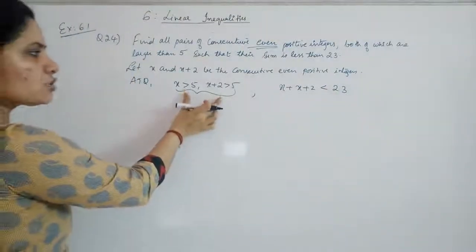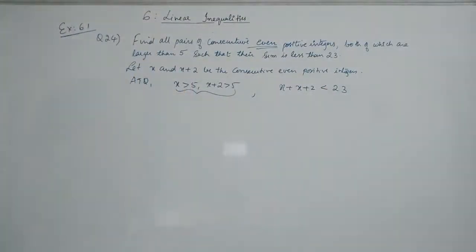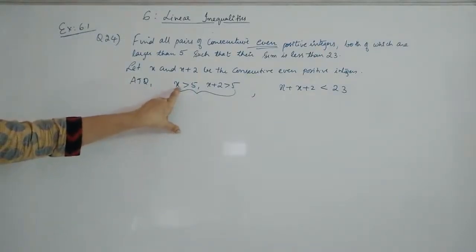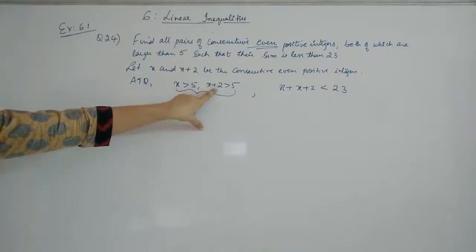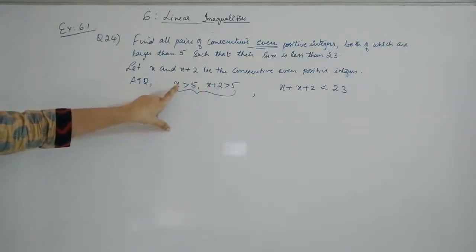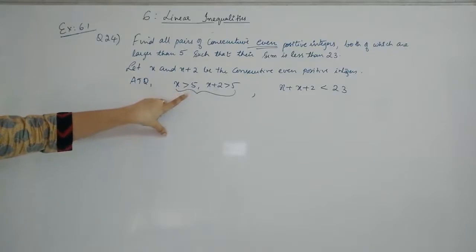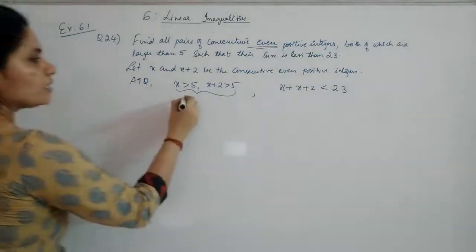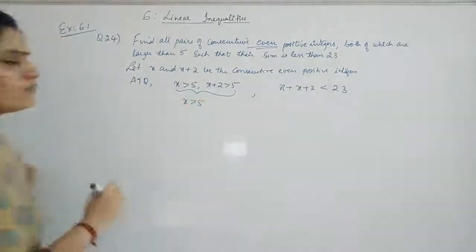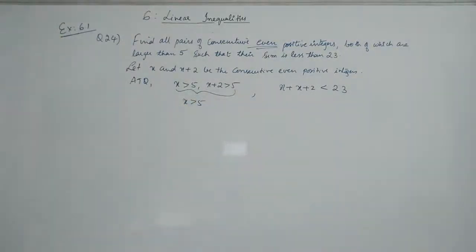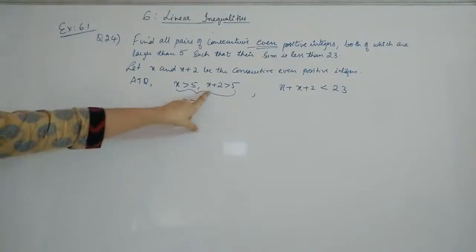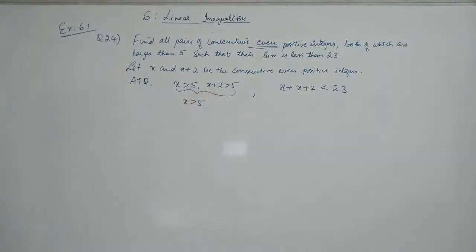Now from these two, we have to choose one which will automatically satisfy the other one also. Which one will we choose? Since the smaller number is greater than 5, then automatically the larger number will be greater than 5. So we need to take only one inequality, which is x greater than 5, which will automatically say that x plus 2, the number greater than x, will also be greater than 5.